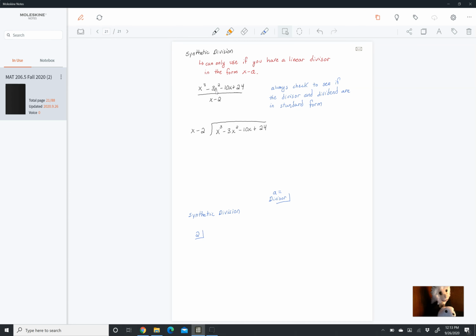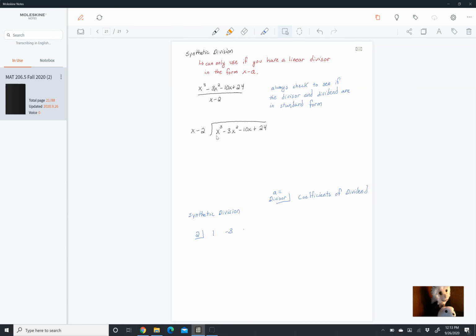Then in the first row, you're going to put the coefficients of your dividend. So our dividend, the coefficient of x cubed is 1. Coefficient of negative 3x squared is negative 3.